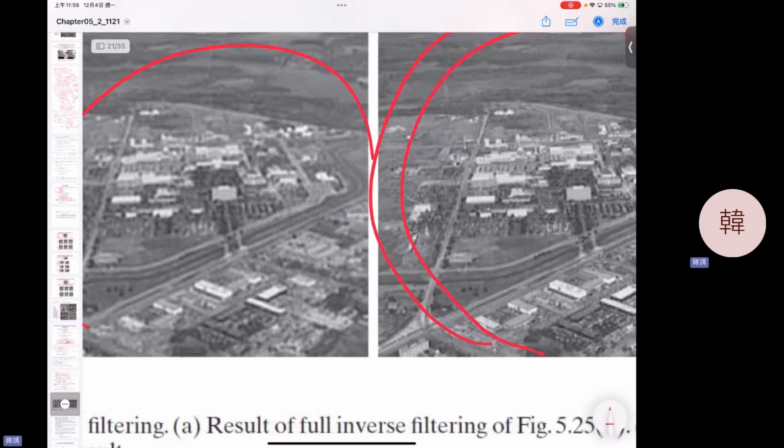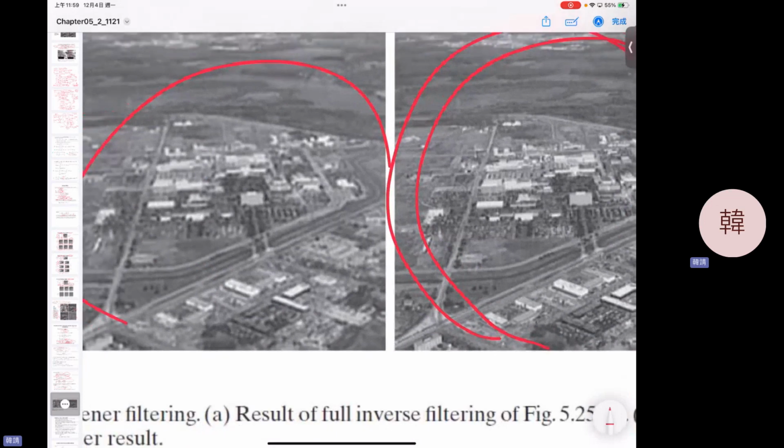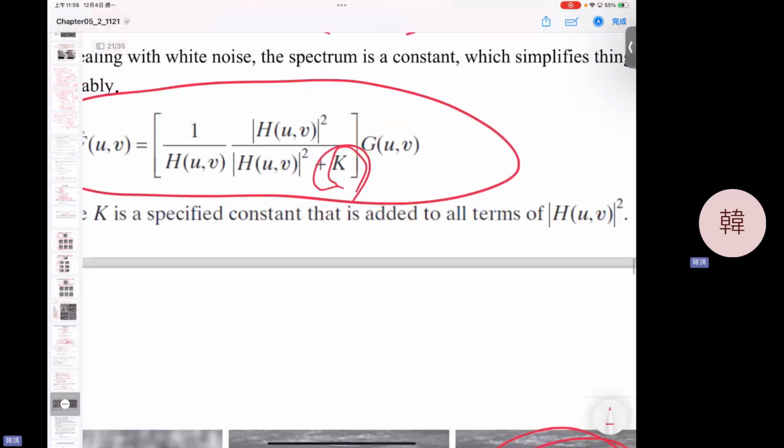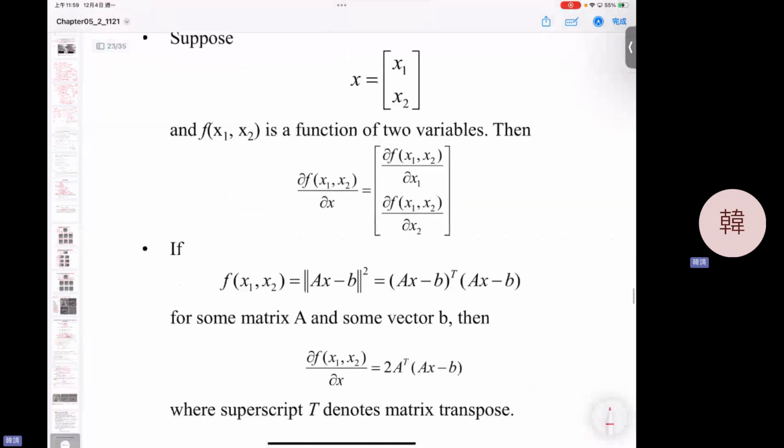So you have to compare. Is the right image better than the middle one? I don't know, it's based on your visual feeling. It should be the right one, the Wiener filter, and this is the inverse filter with some limited radius, and this one should be better, right? So we will see how we can derive this Wiener filter.